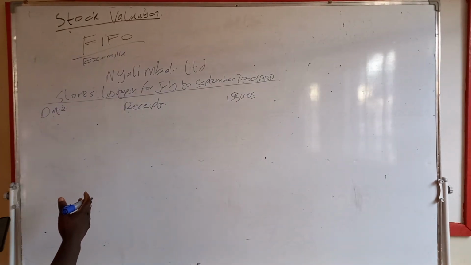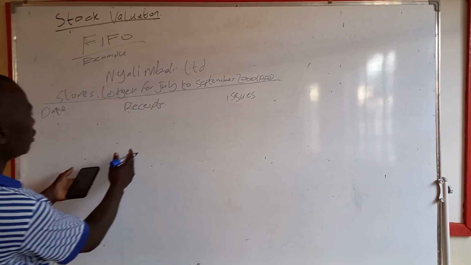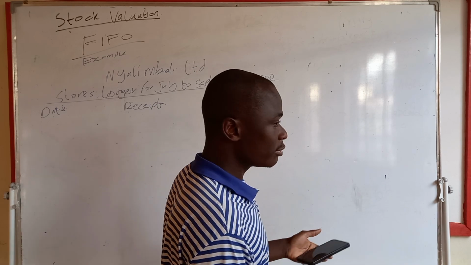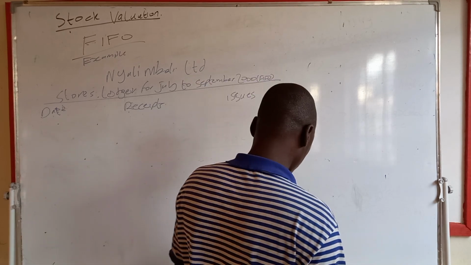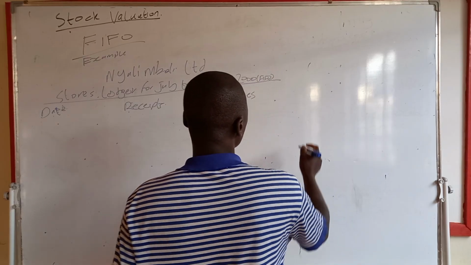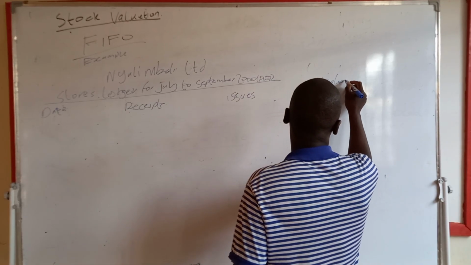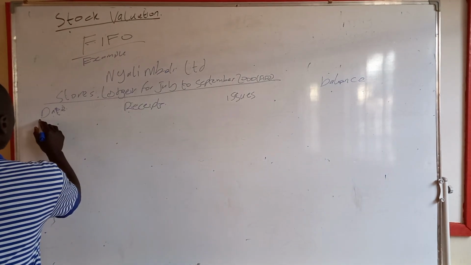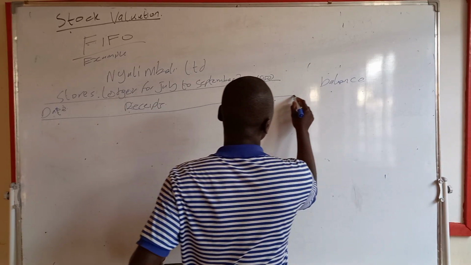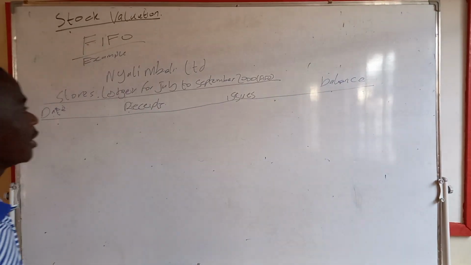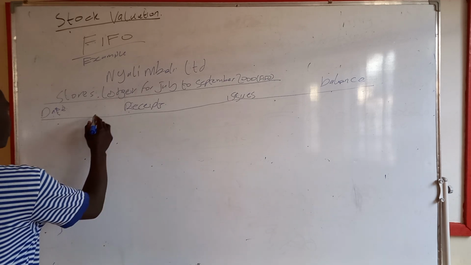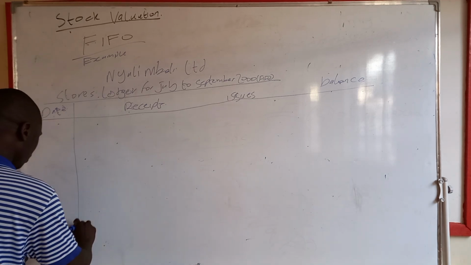The product comes in, you record the date it comes in, then there is a time it is being given, you sell it to your customers, that is the issue, it goes out. Then when it goes out, it creates what we call a balance. What is remaining in our stores? So that's how the store ledger looks like. Okay, that's the ruling.